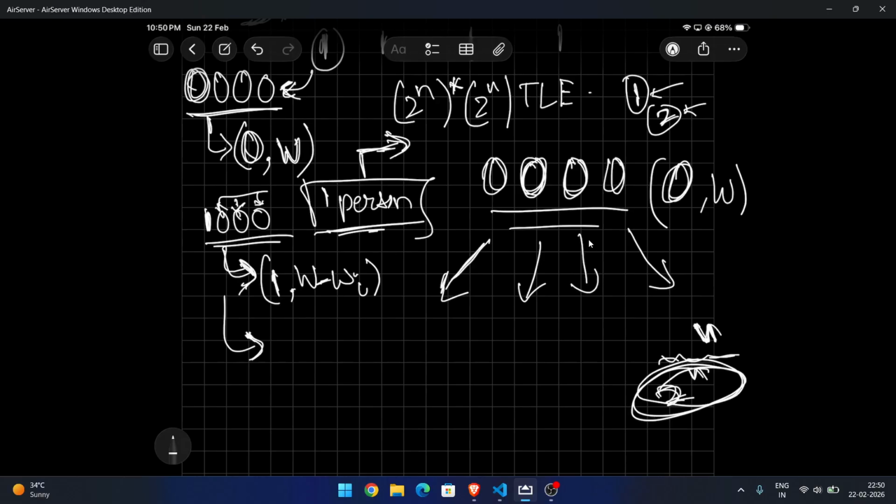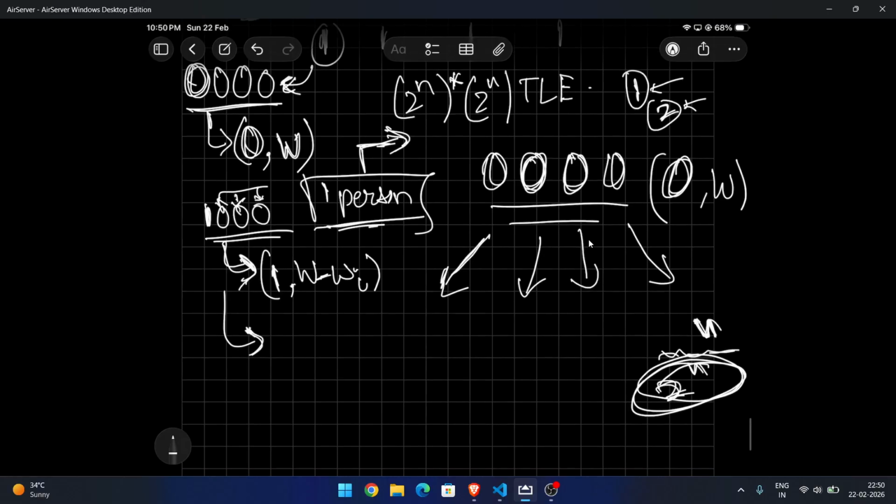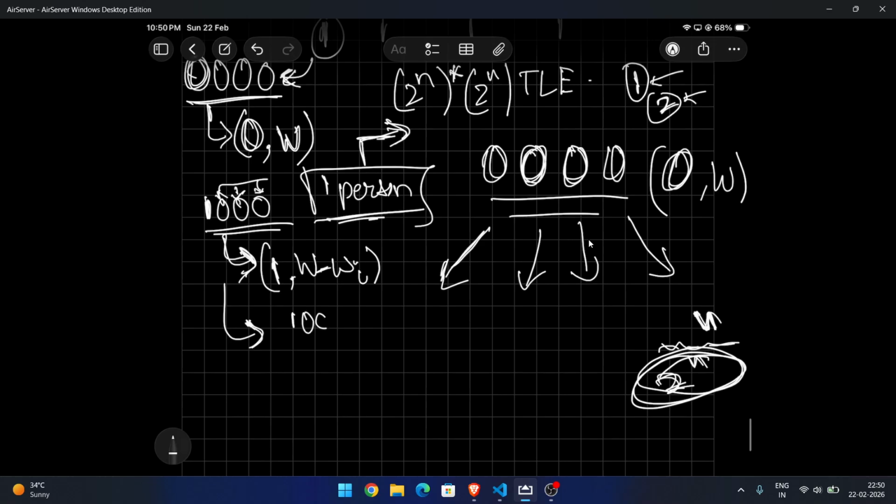So if we put one person in the lift, the new state would be 1000. Now from this state to this state, we will see if we can put this person in the same lift or not. The lift is 0 and the remaining weight is also 0, so we can't put that person in the same lift.